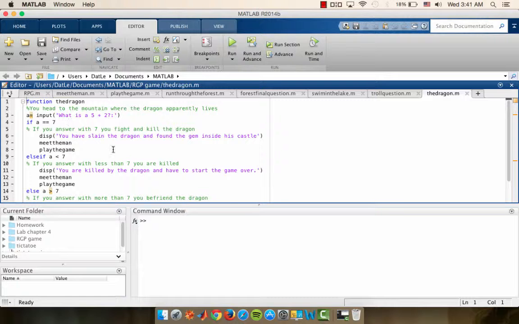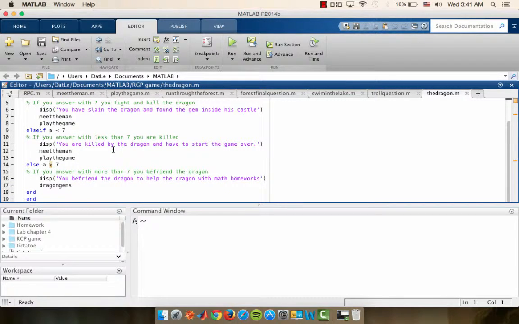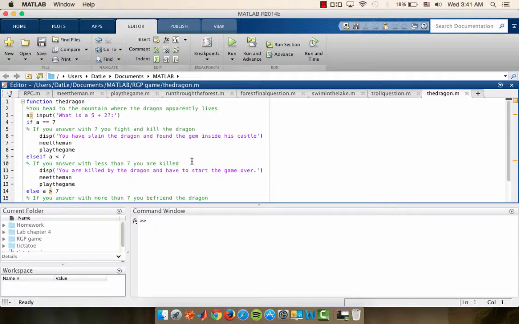If you get higher than the right answer, then you will continue on and he'll ask you another question. And if you get that right, he will ask you a final riddle, where if you answer that right, he will give you a gem.